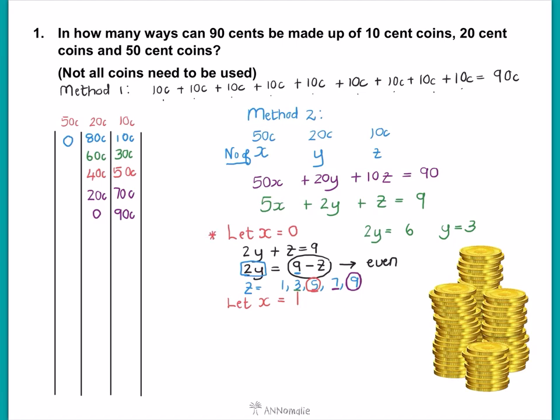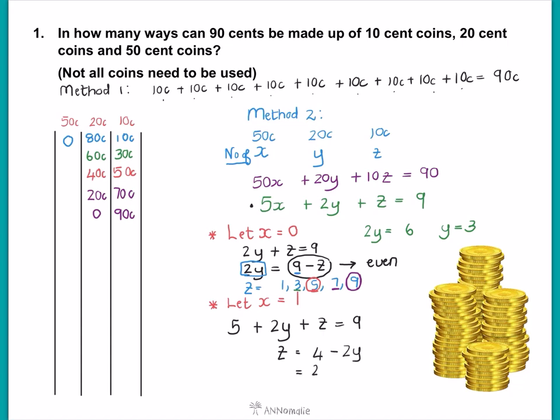Our second scenario is let x equal to 1. Now, if x is equal to 1, my equation from here will be 5 times 1 plus 2y plus z equals 9. So this time we get z is equal to 9 minus 5, which is 4, minus 2y.